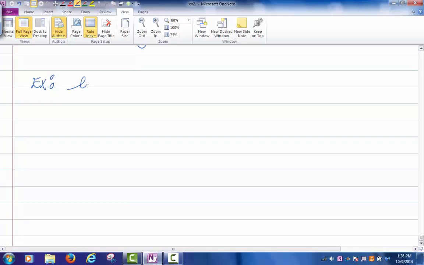So let's say, what's the limit as x goes to 0 of sine of 7x over 4x? So we want to compute that limit. And the question is, how do we do that?